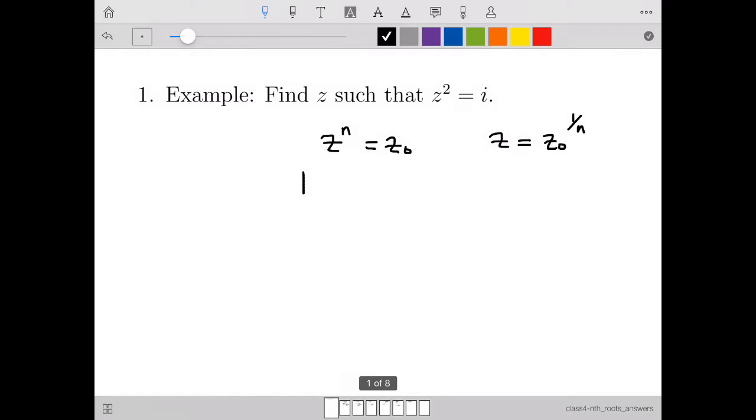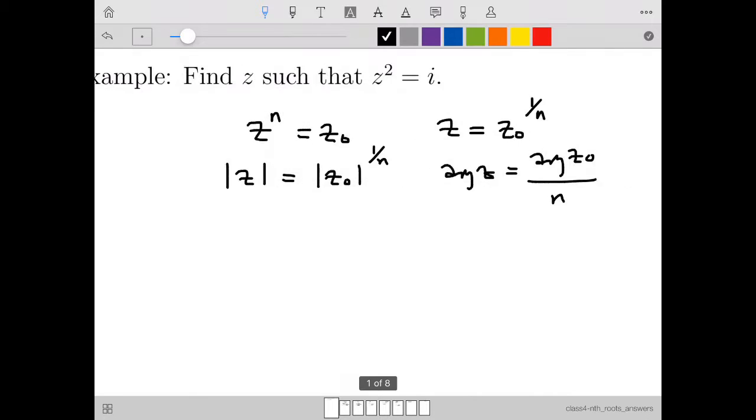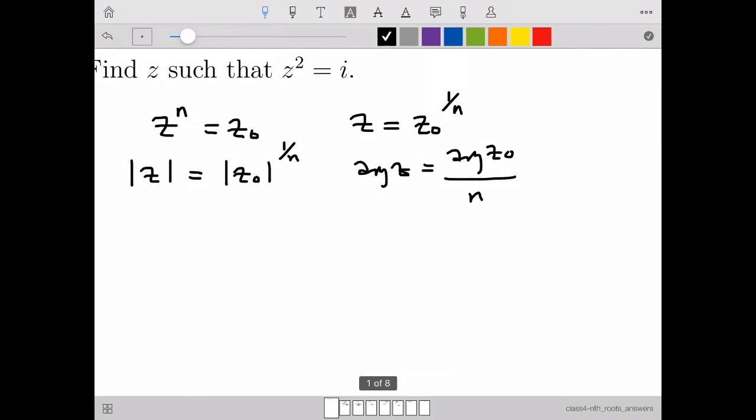The absolute value of z is the absolute value of z0 to the 1 over n, and arg of z is arg of z0 over n, where arg of z0 can be written as the principal argument of z0 plus 2k pi, k in Z.